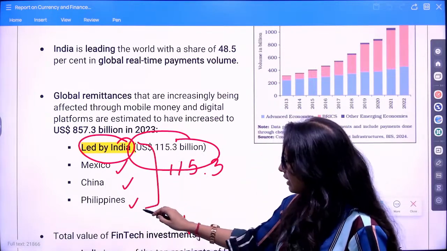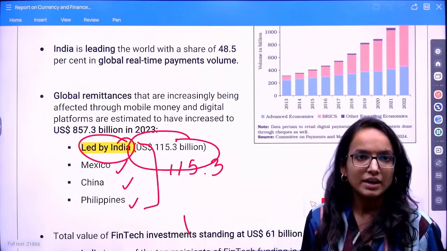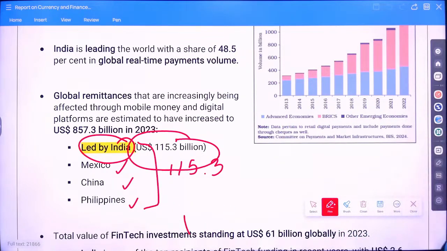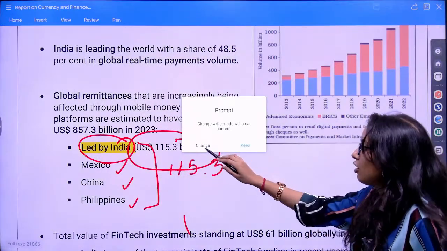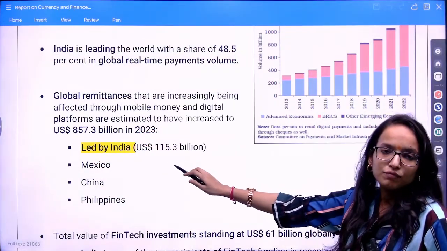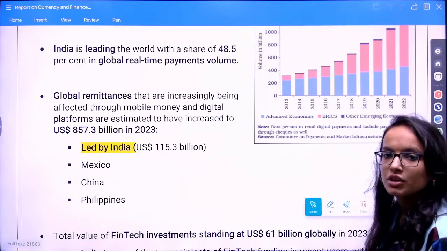So remember this ranking: India, Mexico, China, and Philippines. Also remember the volume of remittances for India, 115.3 billion US dollars.